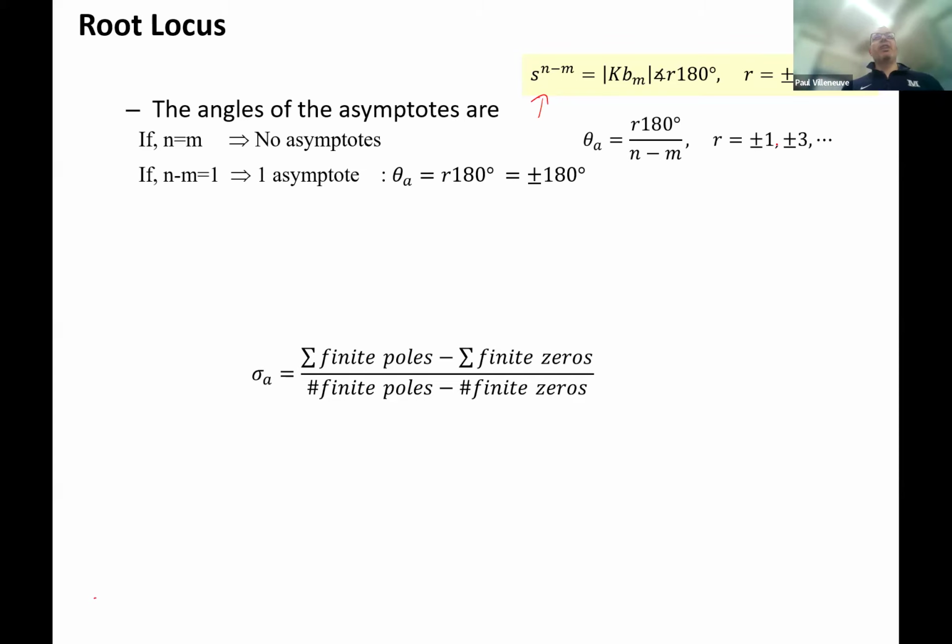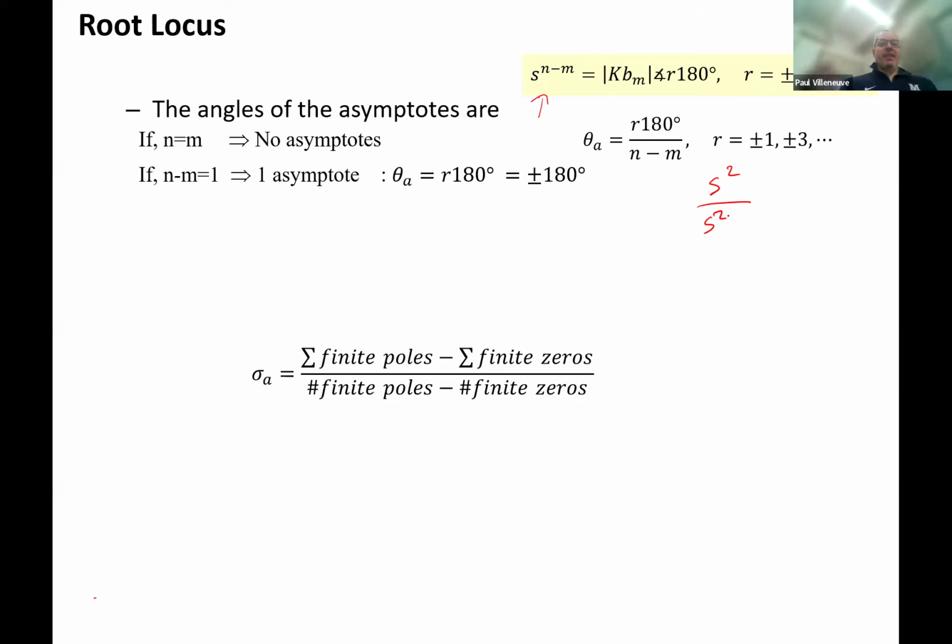So how many zeros at s equals infinity do you have? Zero. Because if we have s squared over here and s squared over here, we have 2 poles and 2 zeros. We don't have any infinite zeros. So there are no asymptotes.